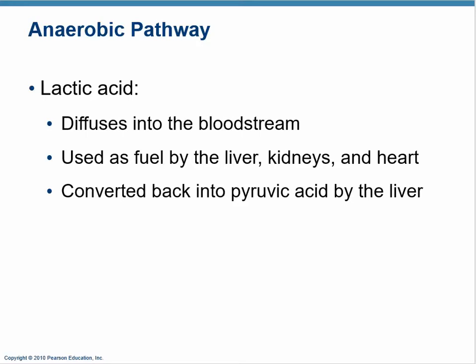Now, the lactic acid then spreads throughout the body, can be used to run through Krebs cycle and make more ATP, but it takes oxygen and it happens later. So there's a time lag between the production of the lactic acid from pyruvic acid and the getting back and replenishing the ATP stores and the CP stores.